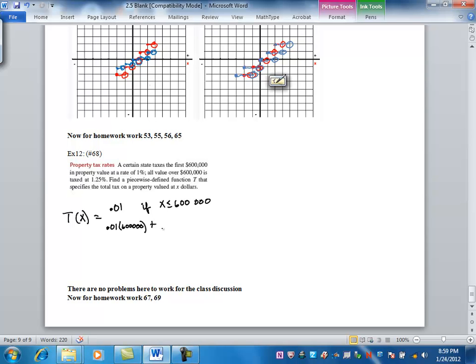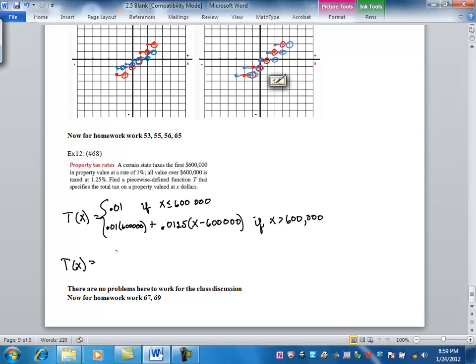Well, 1.25%, folks, in decimal is 0.0125, and then my income is x minus $600,000 because it's 1.25% on anything above the $600,000. So there we go, and we need to write if x is greater than $600,000, and for the purposes of this problem, we'll go ahead and simplify this.